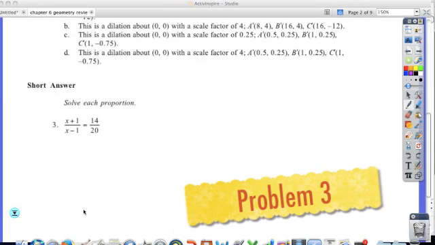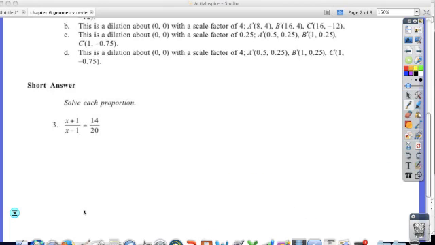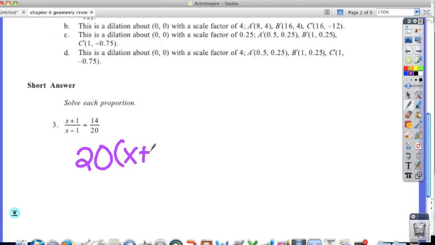So number 3 is solving a proportion. You're still cross multiplying. I used to love this because I had a question like this every year on the midterm for algebra the first semester, so it reviewed it. You're cross multiplying. I don't usually write out this step, but I'm writing it out now so you can copy it down.